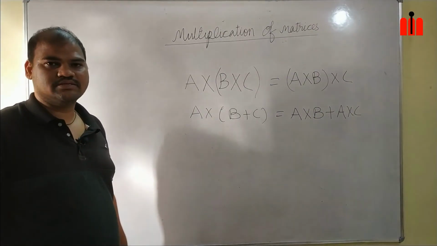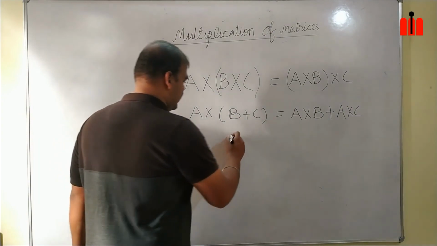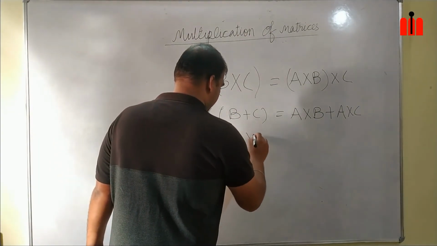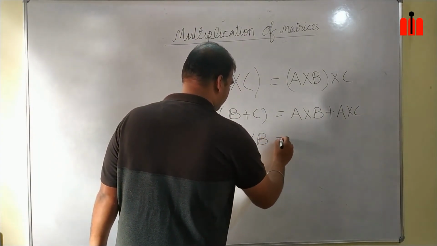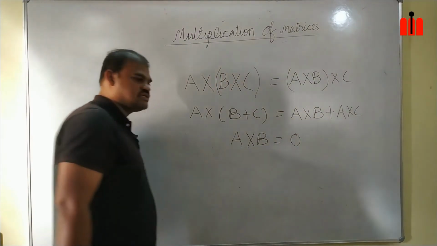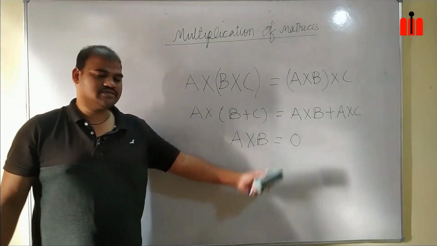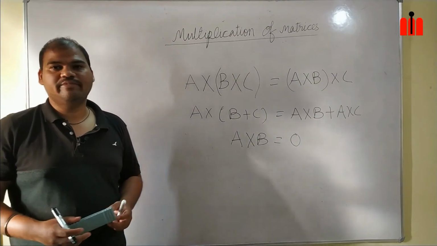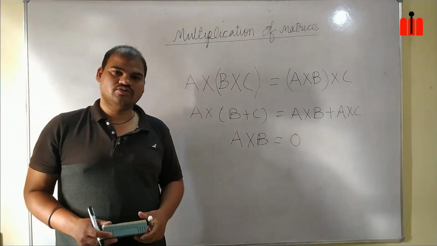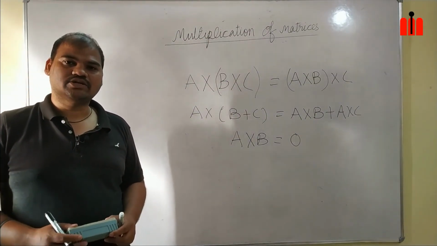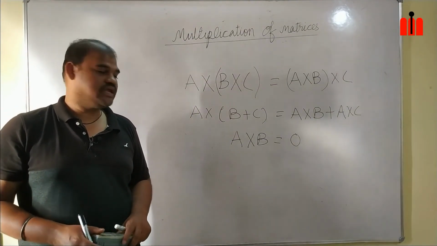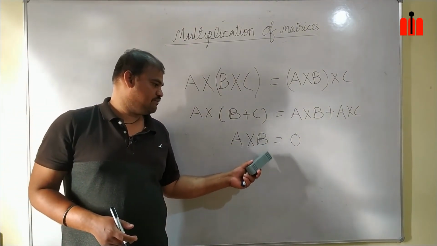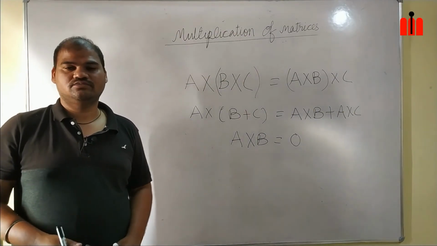Third property is a very important property. If multiplication of two matrices results in a zero matrix or null matrix, such that all the elements of that matrix are zero, then it's not compulsory that either B is 0 or A is 0.